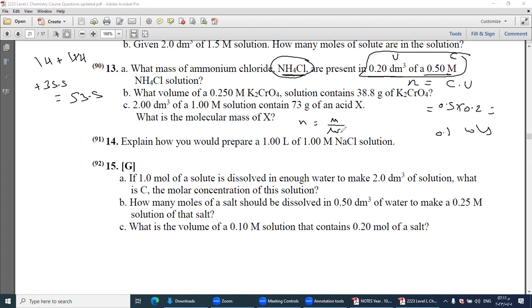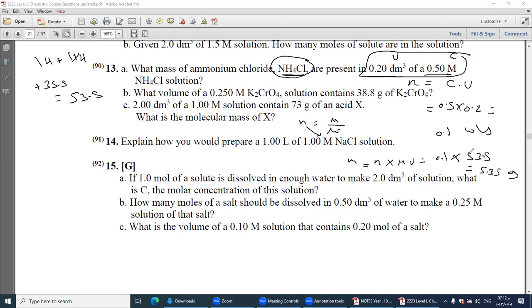Mass over molar mass equal number of moles. So the mass is equal to number of moles multiplied by molar mass, is equal to 0.1 multiply 53.5, so it's equal to 5.35. The unit is gram. This is right.